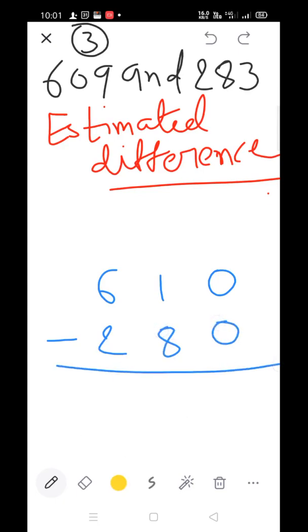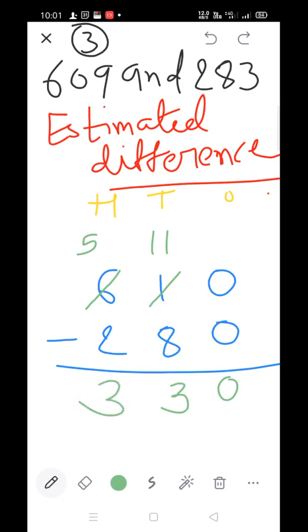Write down the places: ones, tens, hundreds. Now start the subtraction from ones place. 0 minus 0, 0. 1 minus 8, we cannot subtract, so we have to take a borrow from the previous one. Here 5 and here is also 1, 11 minus 8, 3. 5 minus 2, 3. Answer is 330.